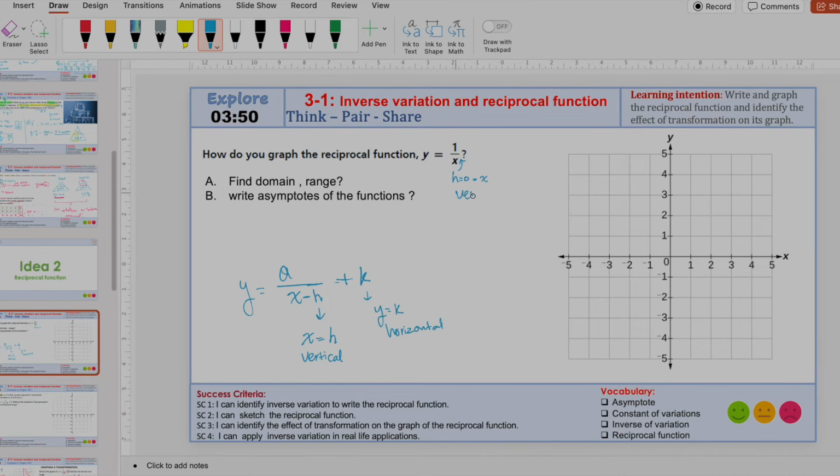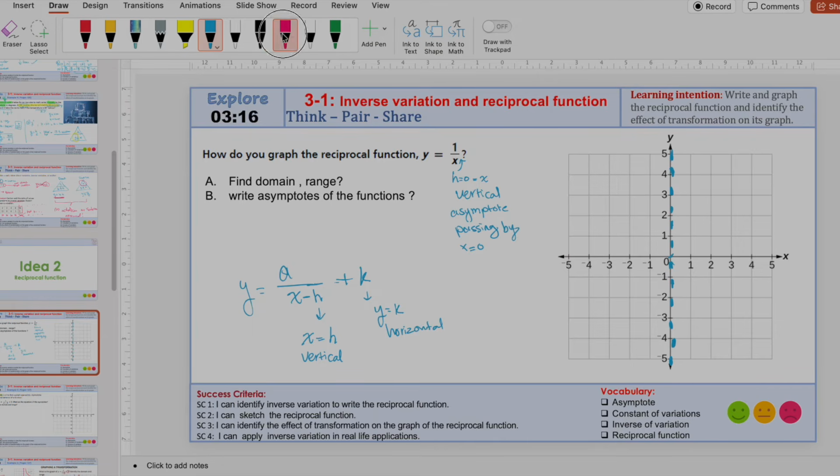So I have a vertical asymptote passing by x equals 0. So you go to the x-axis. Where is x equals 0? Here. So you have a vertical asymptote here passing by that x value, and it is vertical, as you can see. It should be vertical so it can pass by that value.